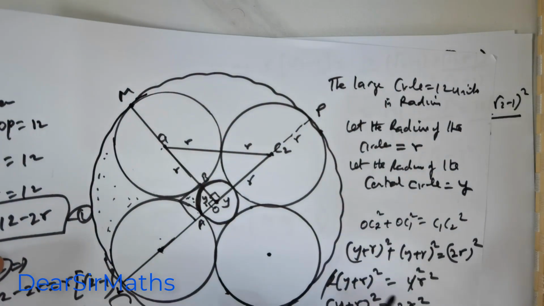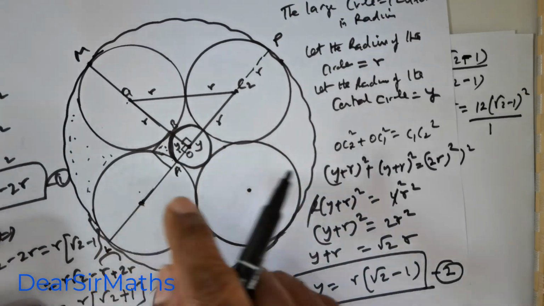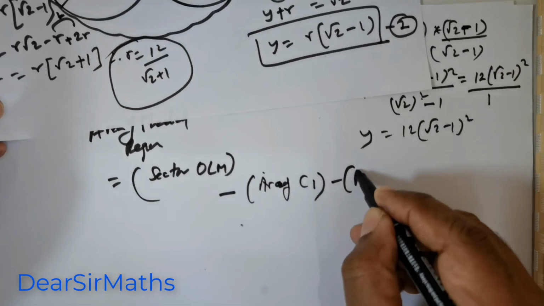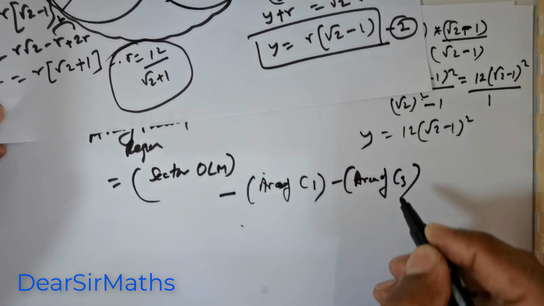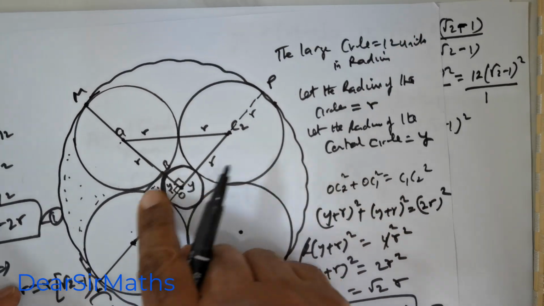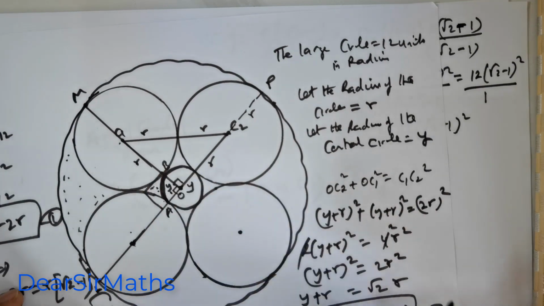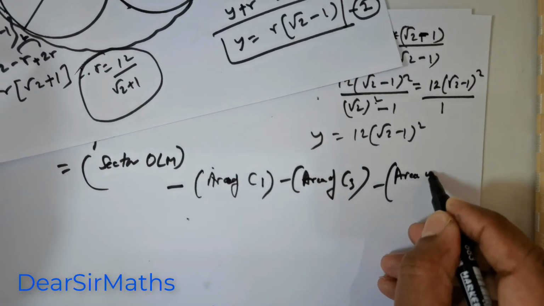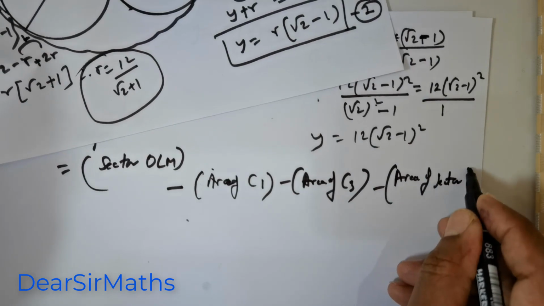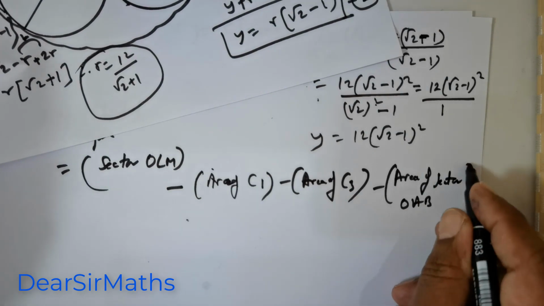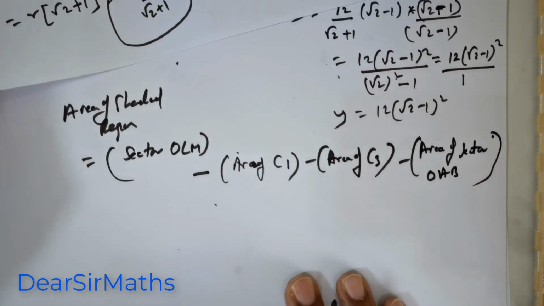So I take out this one and then I take out the third circle area. I need to take out this one. So minus area of C3. So C3 is gone. And then I will also have to take out the sector OAB. So minus area of sector OAB. So many things we need to take off. Okay.